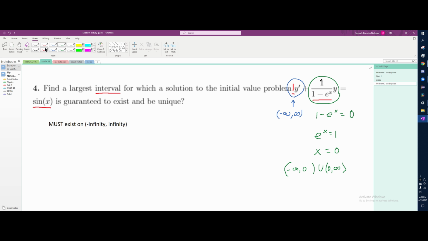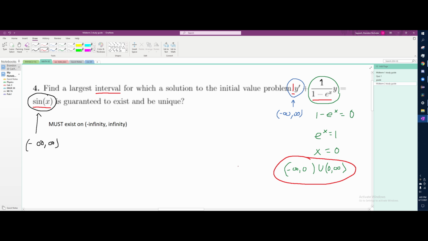Lastly, we're going to look at sine of x. Sine of x is continuous for any value from negative infinity to infinity. So that means the only thing that we have to worry about is this value right here.